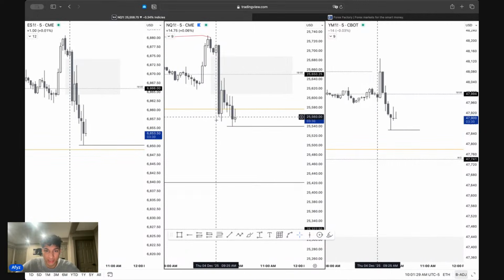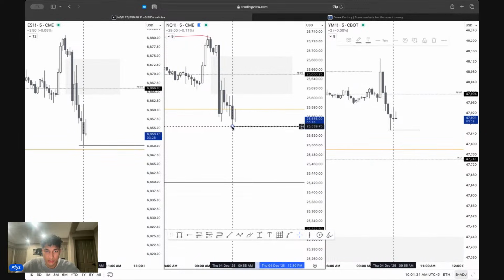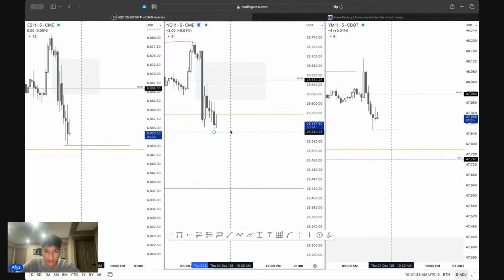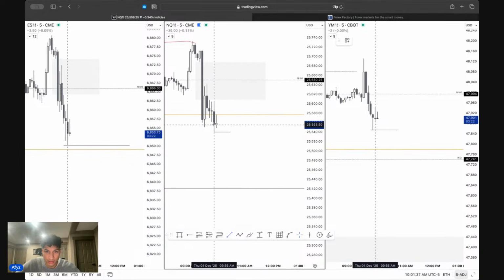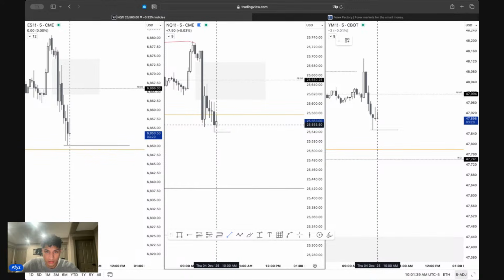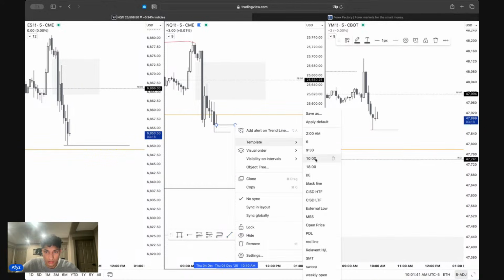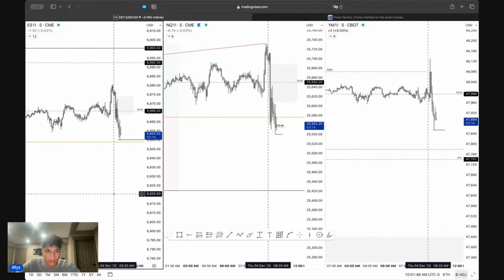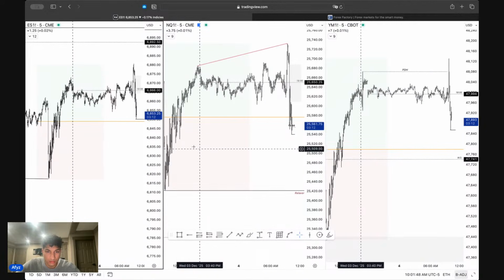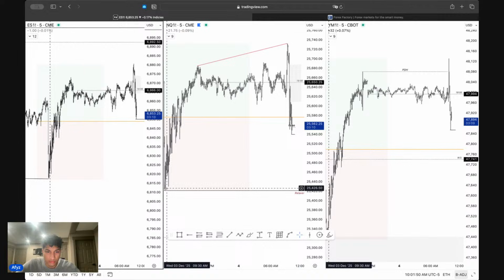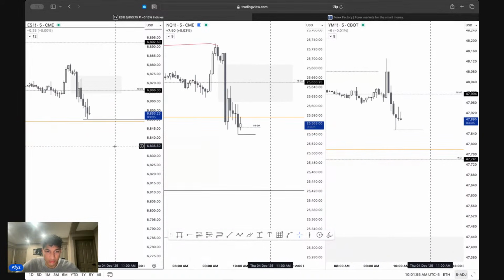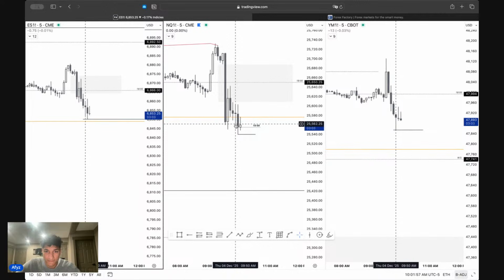Now you can see we're actually opening, right, in the context of this SysD. So 10 a.m. opens right here. We have all these failure swings, right? We have this opposing sequence right here.